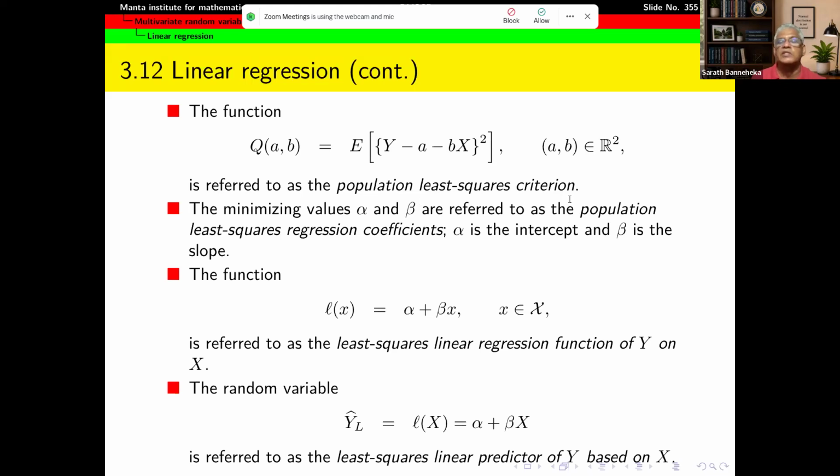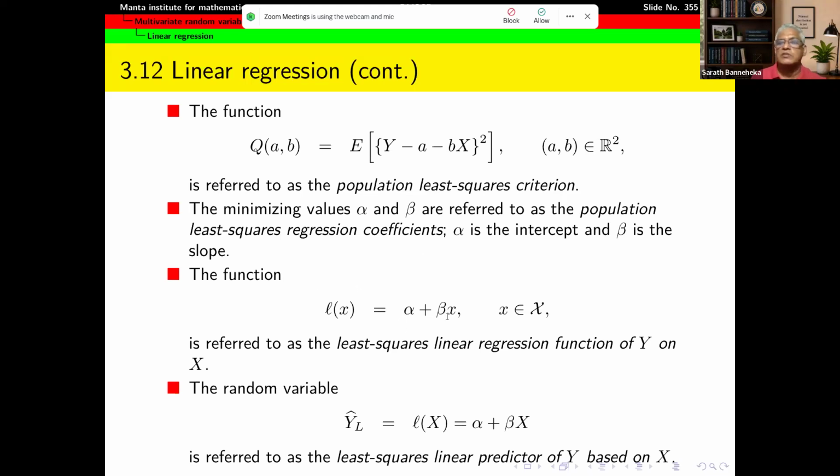That's why it's the least squares criterion. That is the criterion that we minimize. The minimizing values of alpha and beta are referred to as the population least squares regression coefficients. Alpha is the intercept and beta is the slope.